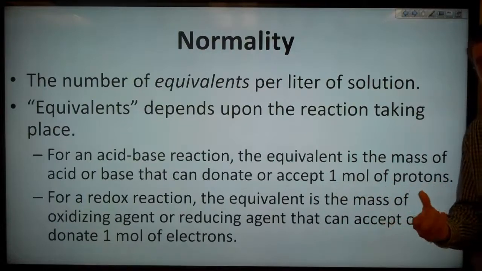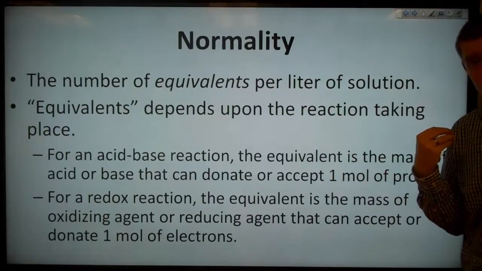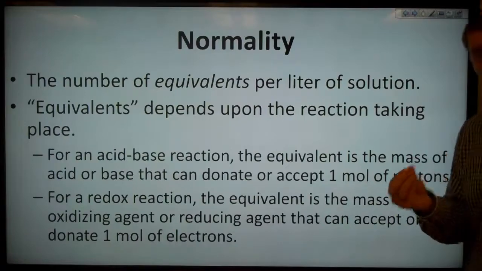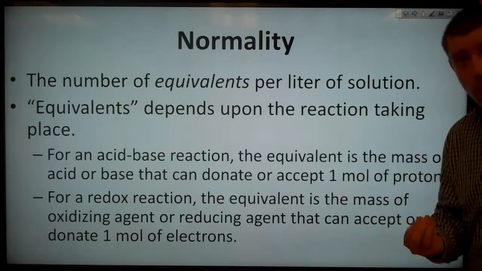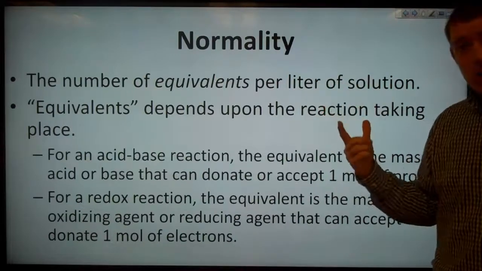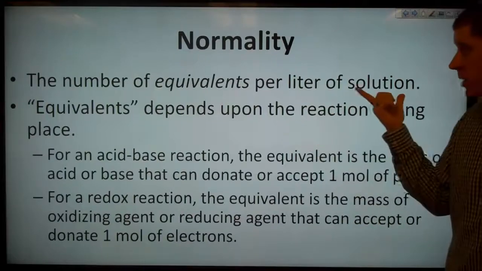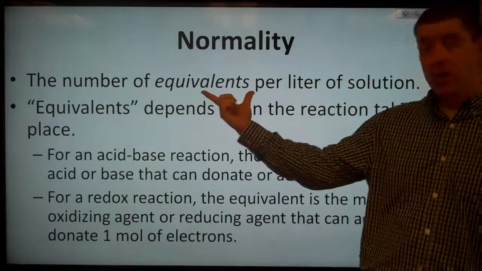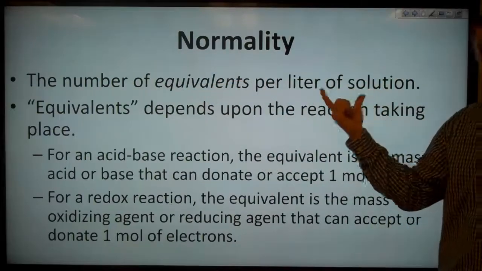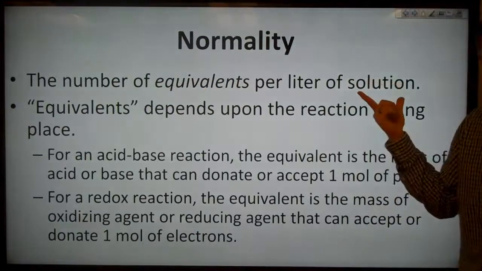So if you have an acid that is only monoprotic, it only donates 1 mole's worth of protons for every mole of the acid, then the normality and the molarity will be the same because it's equivalents per liter of solution. If an equivalent is 1 mole of your acid, then equivalents per liter of solution is the same as moles of acid per liter of solution.